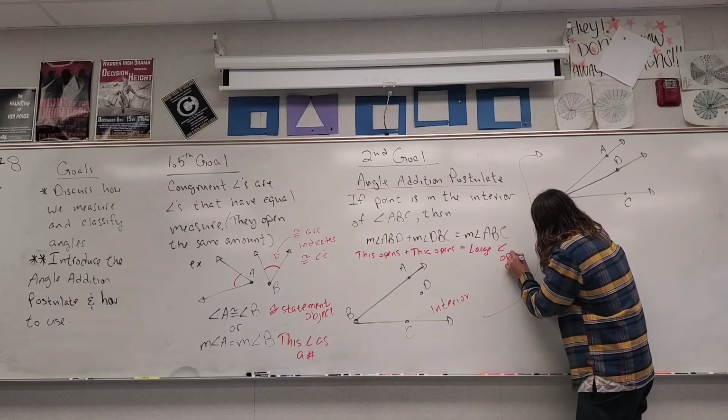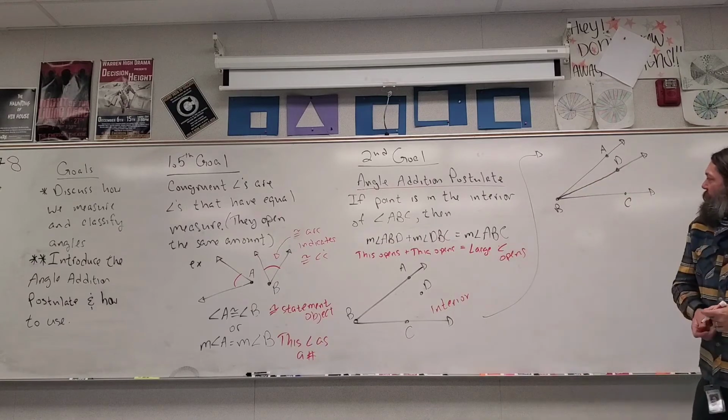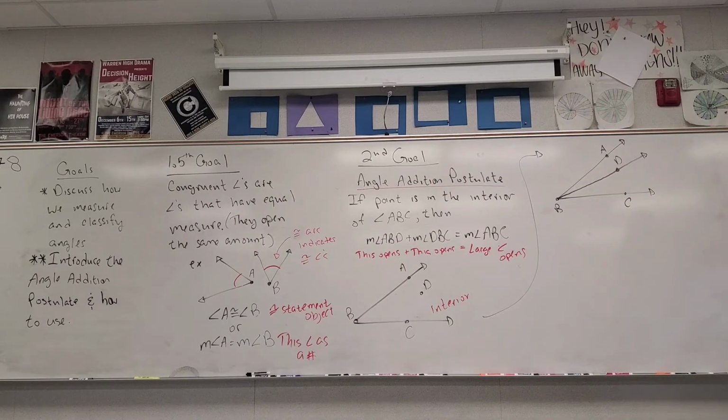So I hope that this makes a little bit more sense to you about what the angle addition postulate is. All right, now we're going to see equations in this.